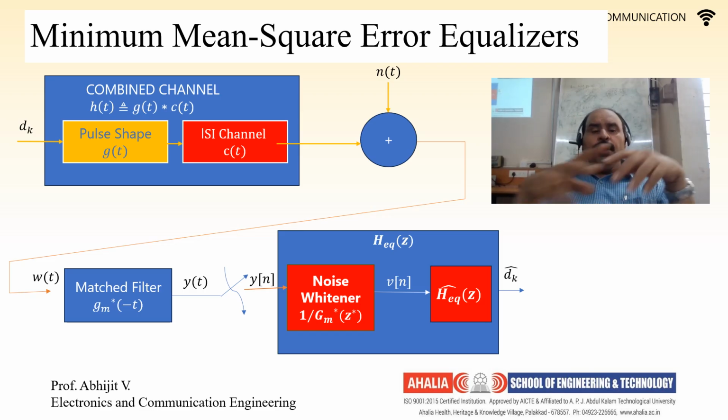So we are going to add a noise whitener to remove the colored part of the noise and make it white noise. Then we pass it through an equalizer so that we get the necessary output where we remove our intersymbol interference.